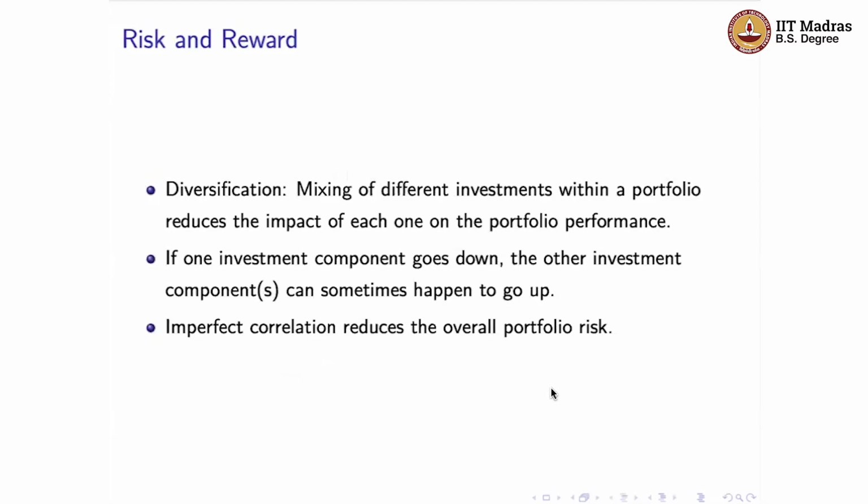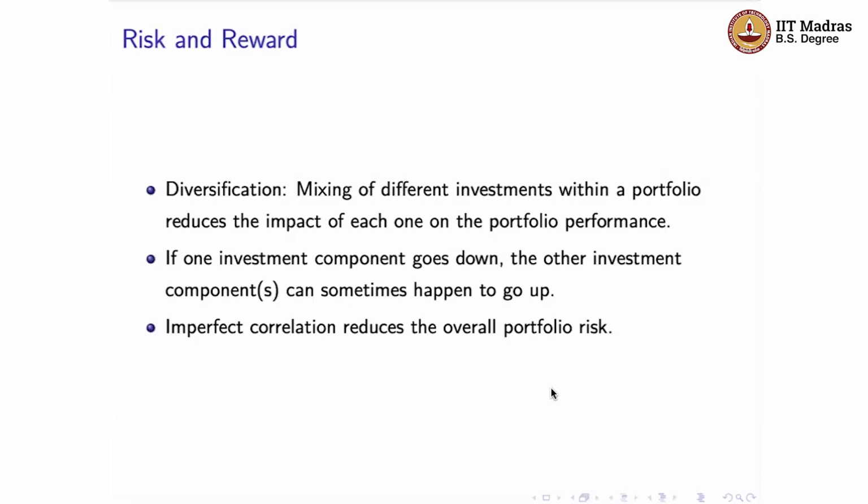And the main idea, if you remember, was that if you mix different investments within a portfolio, that can reduce the impact of each one of these investments on the portfolio performance, right? So for example, suppose that you have got two different investment components, such that if one goes down, the other goes up.